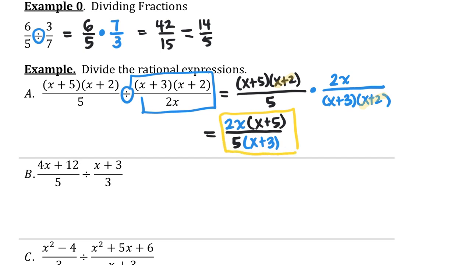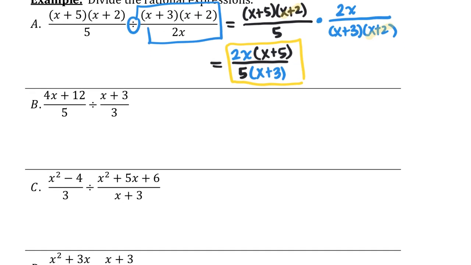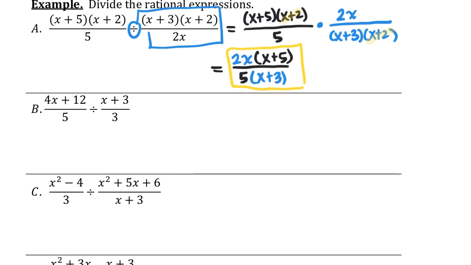Okay, we're going to do the same thing on the next one, but we are going to have to factor as we go. Okay, so I'm just going to start with the first fraction because I can do that like normal. This is 4x plus 12. I can take out the 4. So 4 times x, 4 times 3 over 5. Since this is a division problem, I want to change it to multiplication.